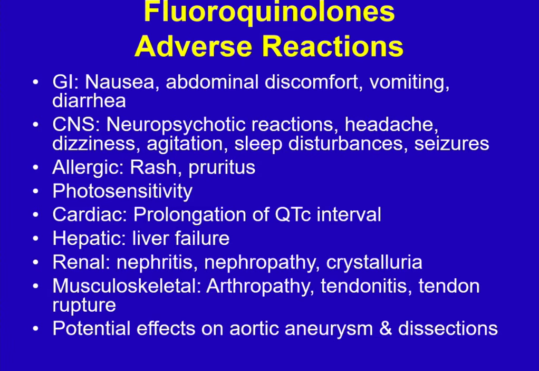I am not sure how much of this is real or how much of this is seen, but there has been an association with aortic aneurysms and dissections. I'm not sure that the causality is there, but the association has been. And so you tend to think twice in someone who has an aortic aneurysm before using a quinolone. It's sort of risk benefit, and maybe duration benefit as well. How long do you want to do that?